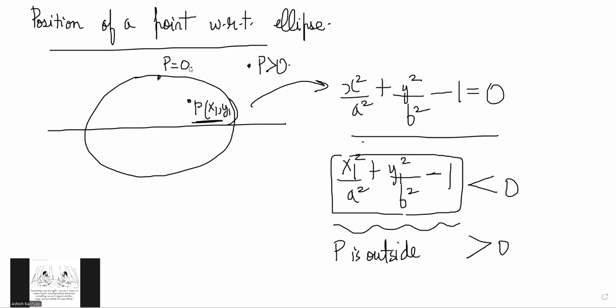In the next video, what we'll start doing is equations of tangents and normals and the standard information that you need about this particular curve. We have a few more videos to cover the entire theory, but hopefully in today's class you have understood the basic meaning of an ellipse, the different ways in which you can think of the standard equation of the ellipse, and learn how to identify the basic properties of the curve.